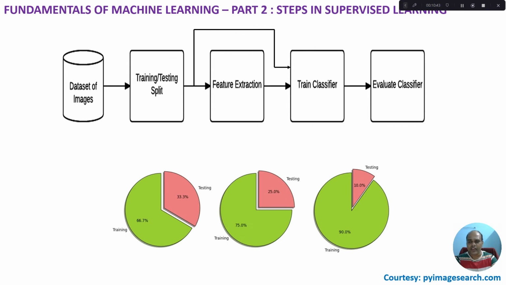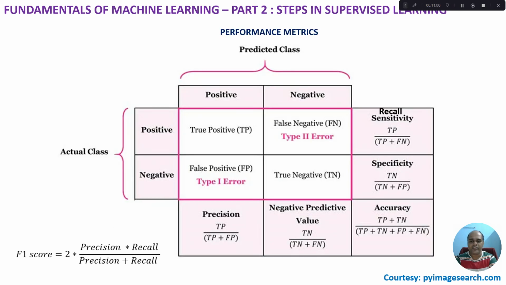Whenever we train and test a machine, we need to evaluate its performance. How can we evaluate its performance? Through some metrics. We have performance metrics which need to be computed, which determine how well the model is performing.